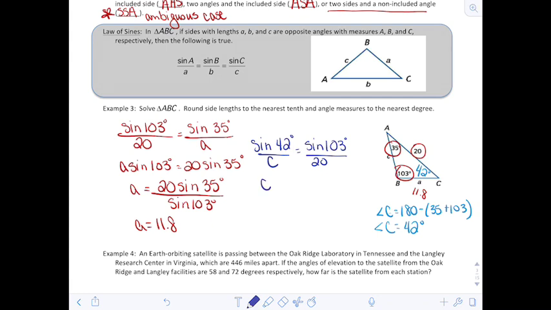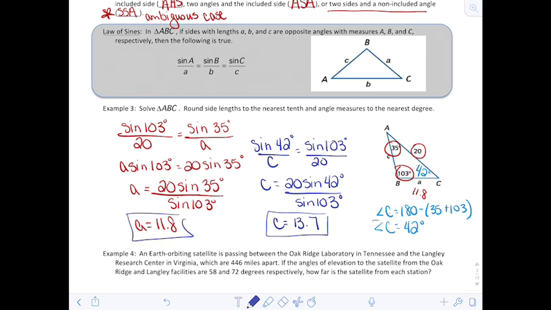So we know that side C would be 20 times the sine of 42 degrees all over the sine of 103 degrees. And that's going to give us a side length of 13.7. So there we have the two sides and the angle, and we've solved for our triangle.